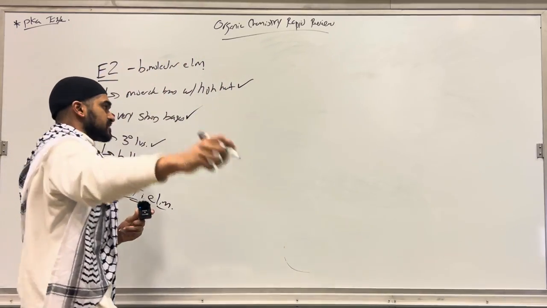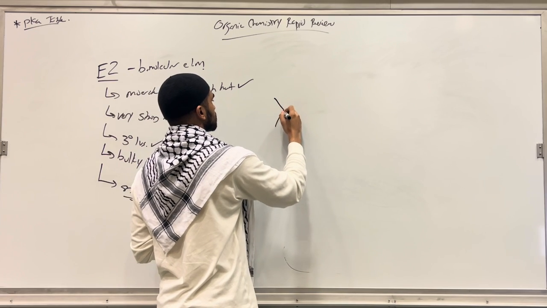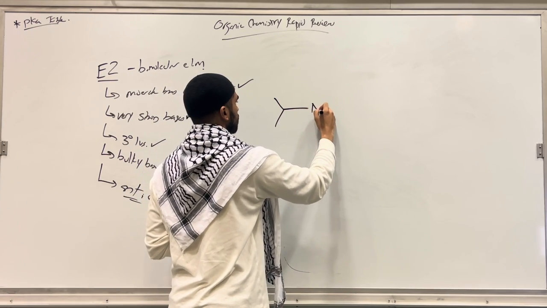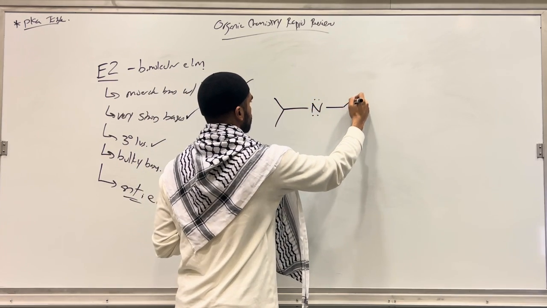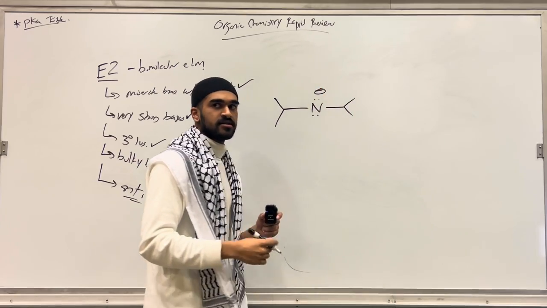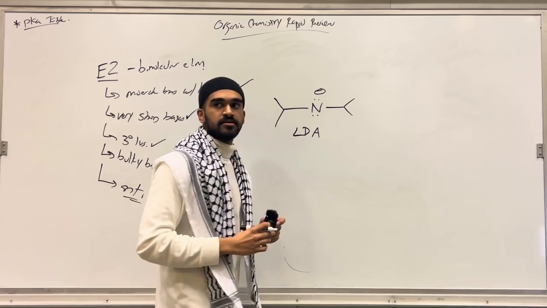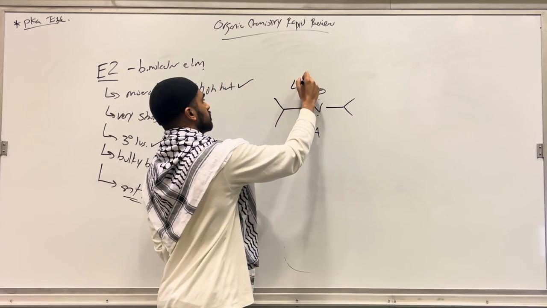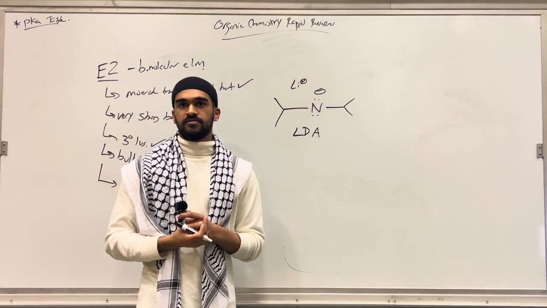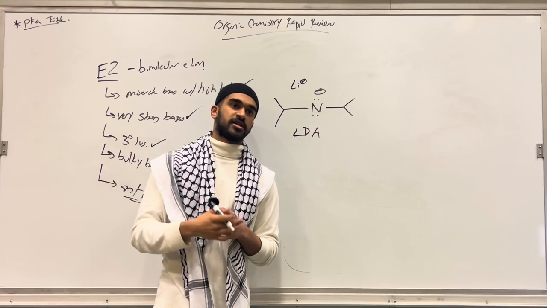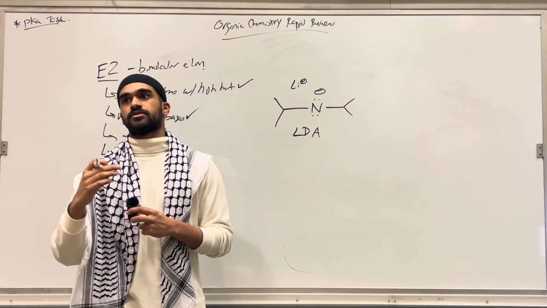Now the bulky bases. This one is lithium diisopropyl amide. Very bulky base, very large, cannot do SN2, so it does E2.